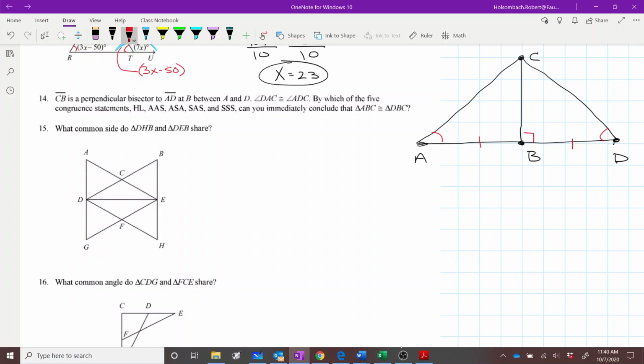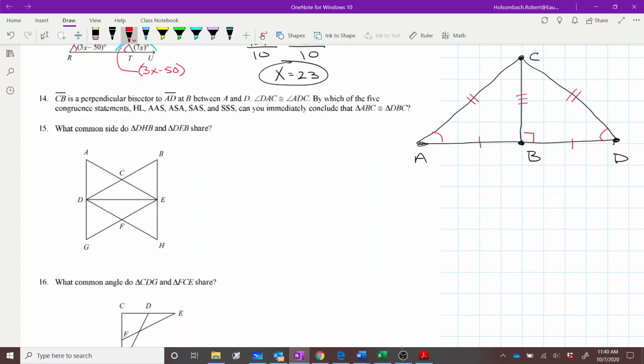If point C is on a perpendicular bisector, then it's the same distance to the endpoints of the segment. So AC is congruent to CD. We've got triangle ABC, we've got triangle DBC, and they both share this side CB.